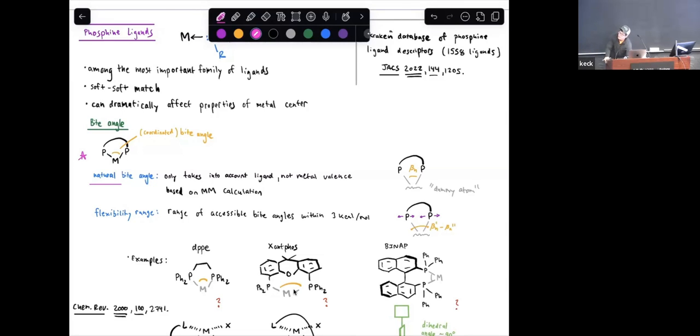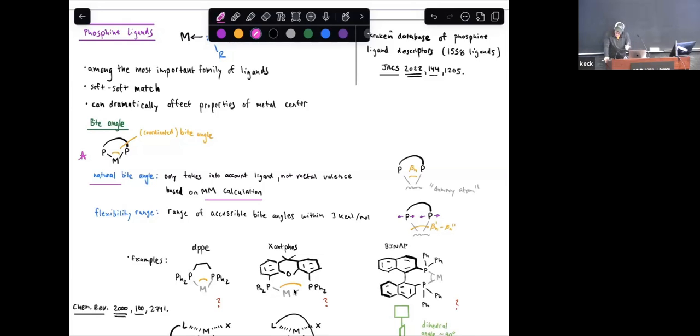Because the metal wants to be 90 degrees. So it's not that useful a parameter. Natural bite angle is more or less agnostic to the metal. It's a molecular mechanics calculation where the bisphosphine is tethered to a dummy atom, and then to just ask the question of naturally what angle does it like to adopt.